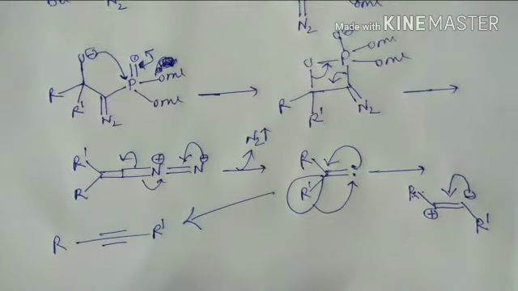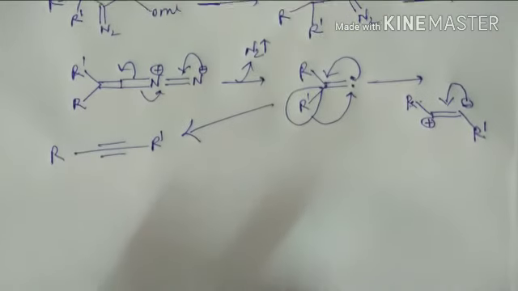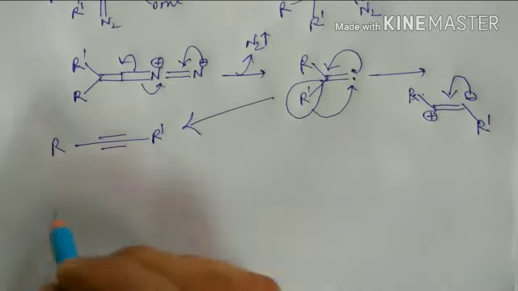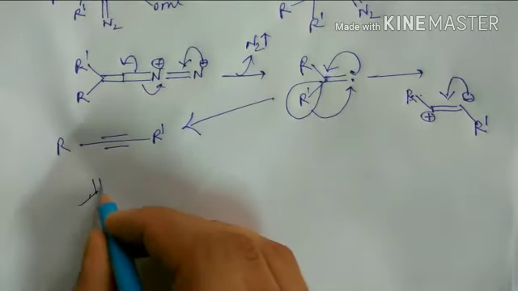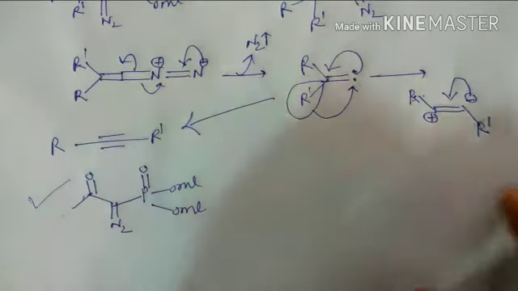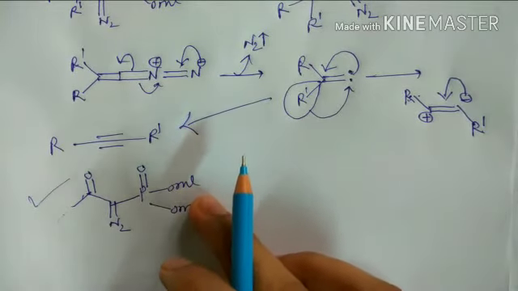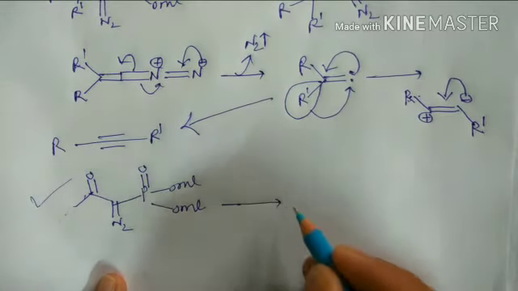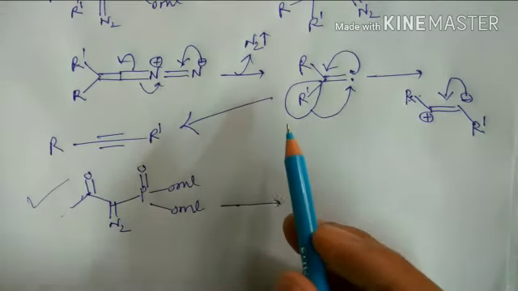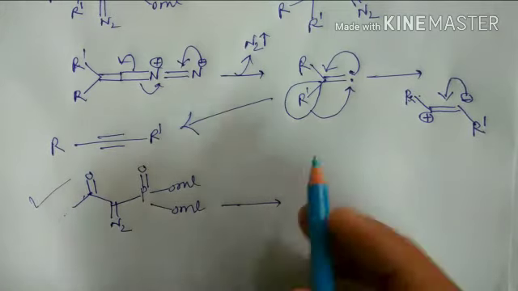Now a similar reaction happens for the Ohira-Bestmann reagent. So the Ohira-Bestmann reagent is basically this one. This is your dimethyl 1-diazo-2-oxopropyl phosphonate, and in this case it uses the mild base potassium carbonate and methanol.